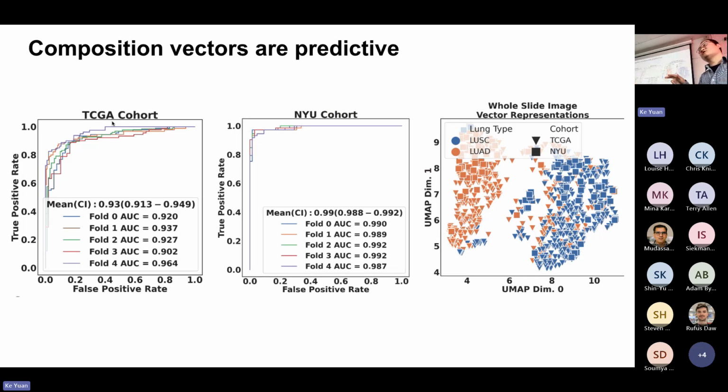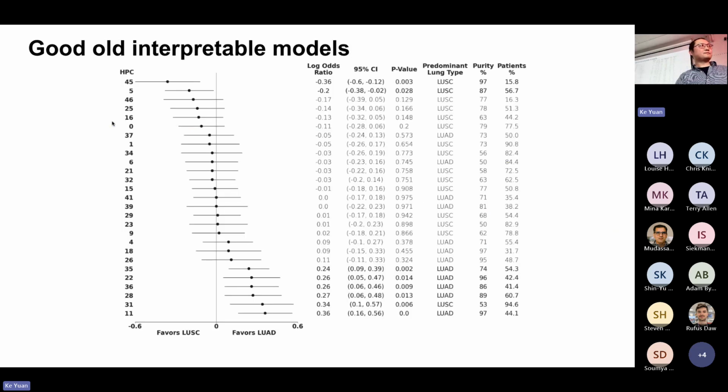These are two major subtypes of non-small cell lung cancer, and they can be easily visually distinguished. We used TCGA for training and tested on an independent cohort from a collaborator at NYU. Just by using the frequency of those clusters, you can solve this task really well.